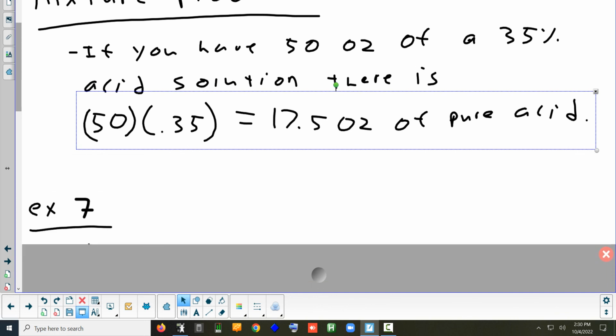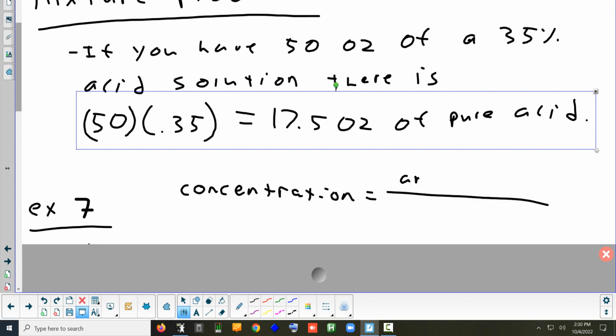Okay, so what we're going to look at in the last example is a concentration problem. Keep this fraction in mind. This is how you find concentration. You take the amount that's actually acid, and you divide by the total.